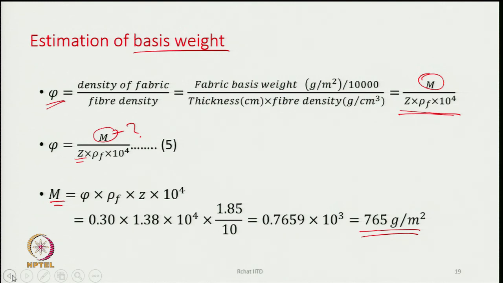Then if I change the linear density, whatever commercial values of fiber linear densities or deniers are available, we put those values in and find the corresponding thickness and GSM of the fabrics. We will basically have a solution space, with multiple solutions for the different fiber linear densities that we choose.